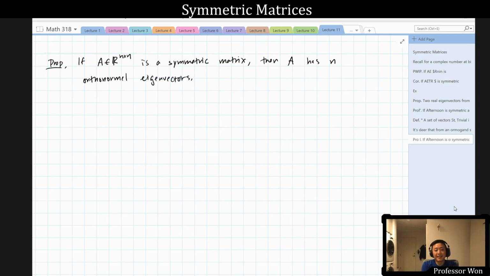This is building on top of all of the nice properties that we've seen about symmetric matrices already today. It's saying that A has enough eigenvectors, as many as it possibly can, n. They'll be linearly independent because orthogonal vectors are always linearly independent, by the way. Each of the eigenspaces is orthogonal to one another. We already saw that.